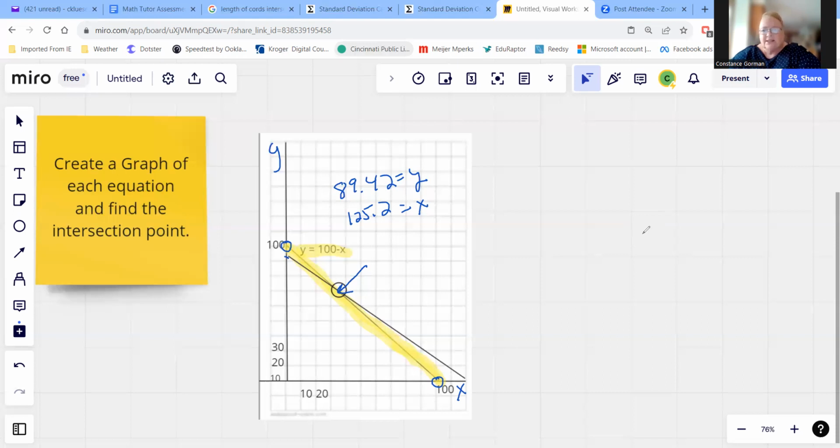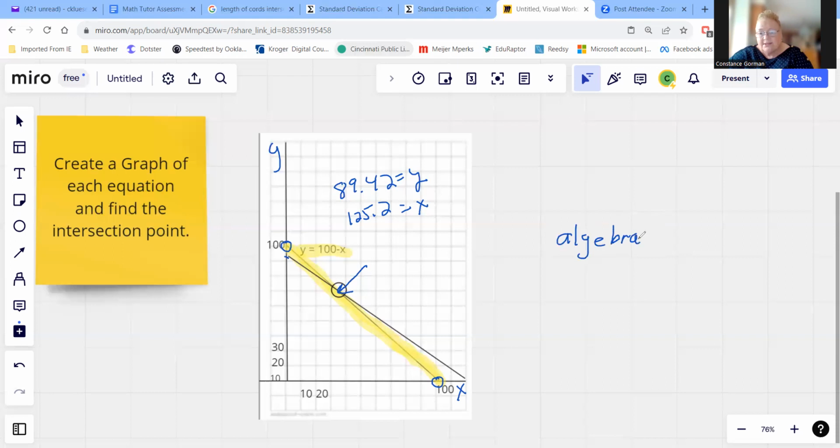So truthfully, this problem is not solved easily by graphing because the numbers are just too large and they are decimal numbers. So it's better to solve this one algebraically, okay?